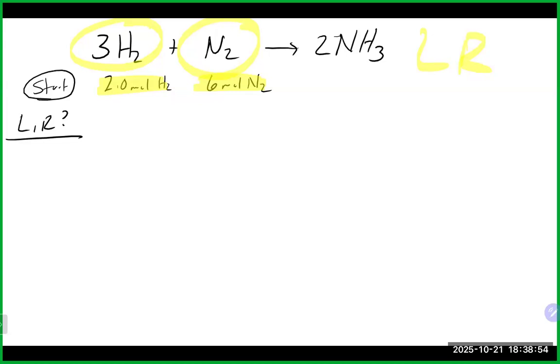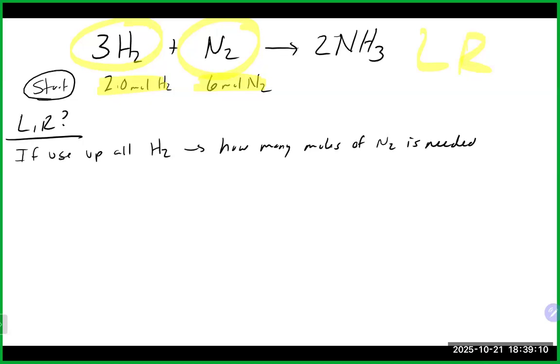What you want to know is, if I want to use up all of my H2, how many moles of N2 is needed? So we're just going to do a very simple little calculation between the 2 reactants.